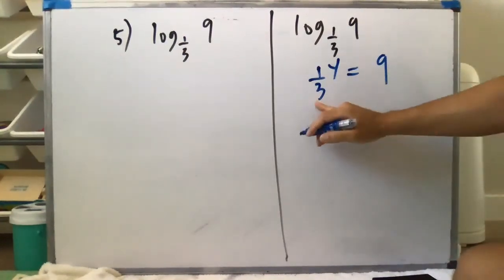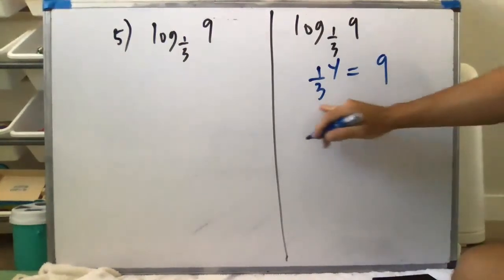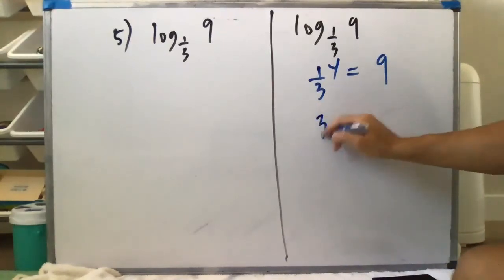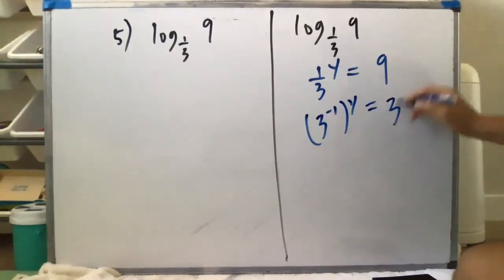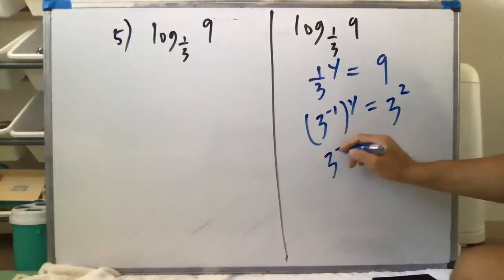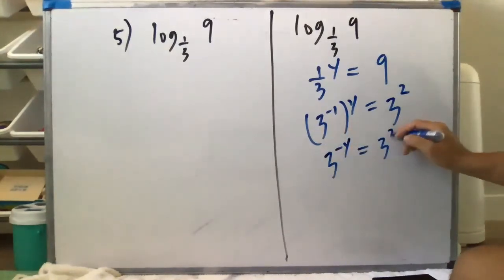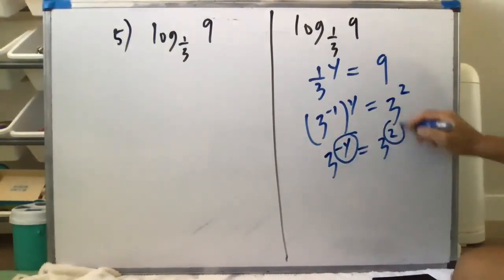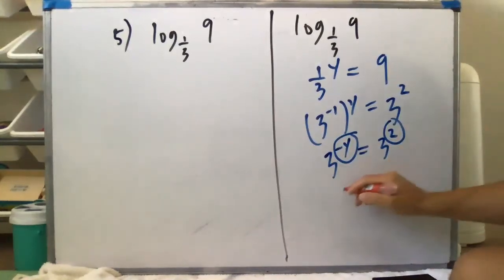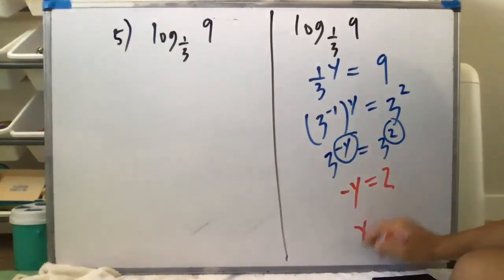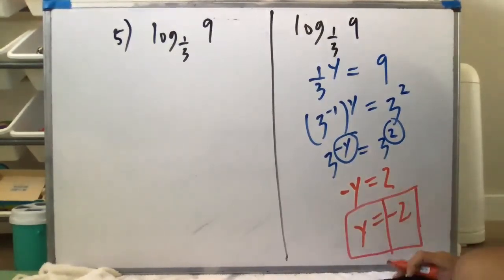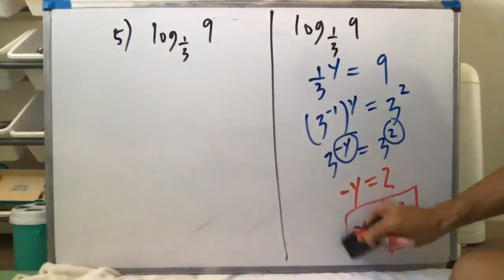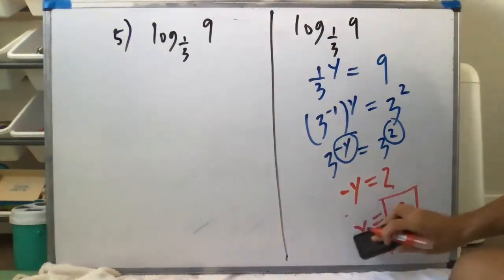The first thing I notice is I've got 3s. 1/3 is really just 3 to the negative 1 power, and 9 is really just 3 to the second power. So basically I have the same base now. I can rewrite this as 3 to the negative y is equal to 3 to the second. Again, I look at my exponents. Negative y is equal to 2 means y is equal to negative 2. There's your answer.